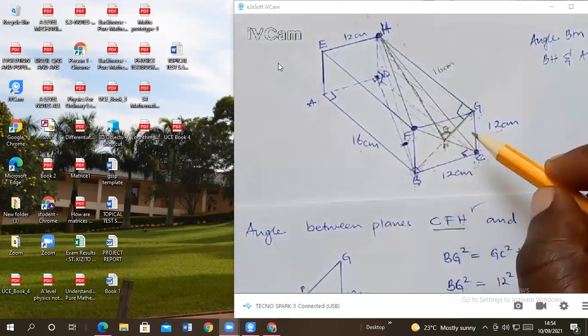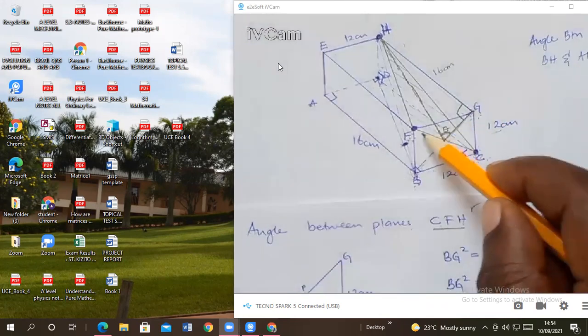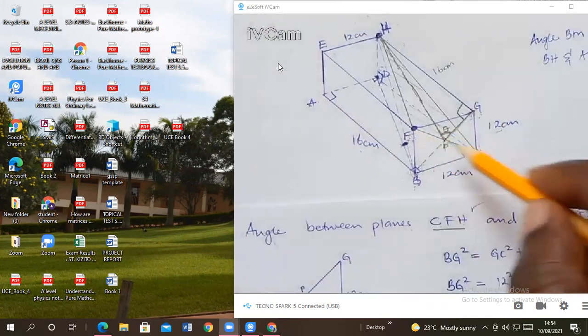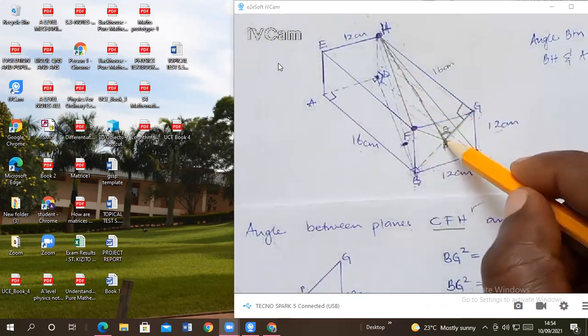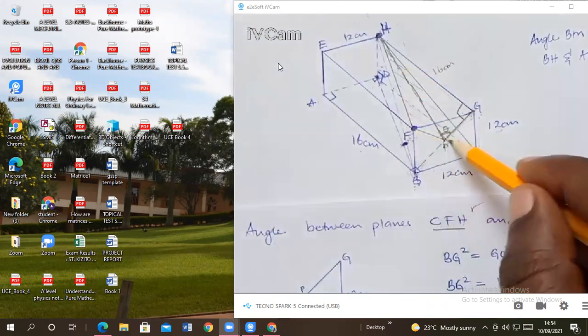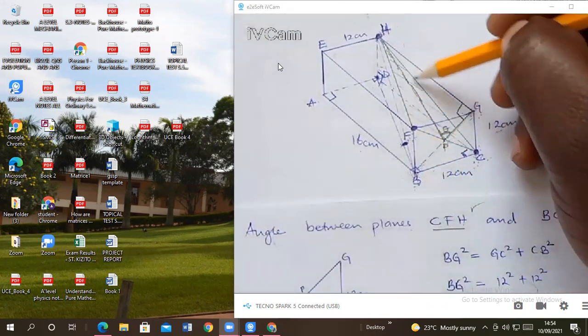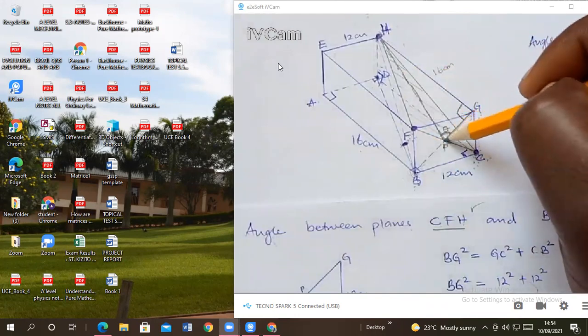Now, let us look at this. So we have to first get the angle between this plane, CFH. So we have to bisect this plane here, that triangle inside. We have to bisect it into two, such that we draw a line from H up to this point here.